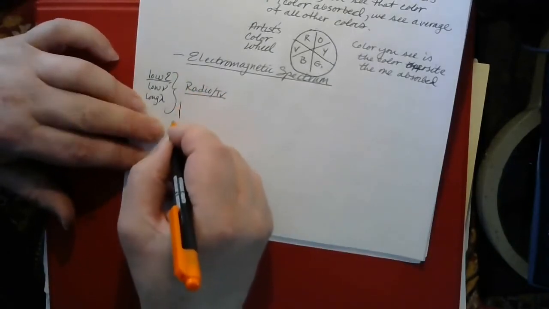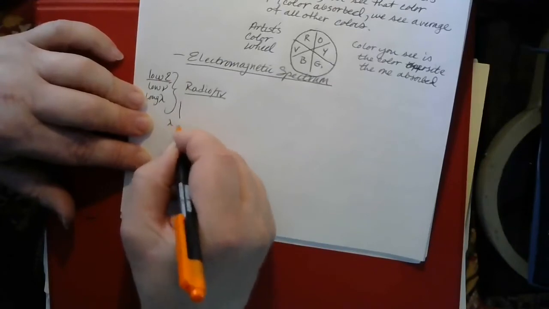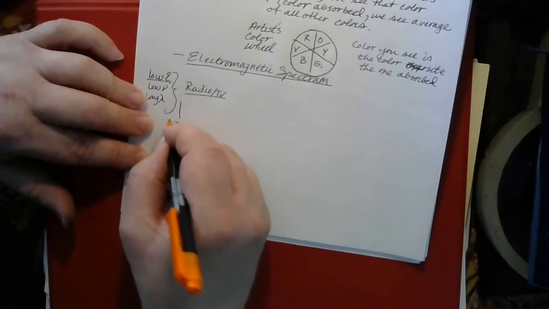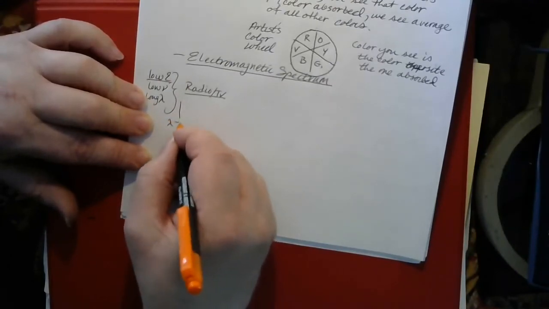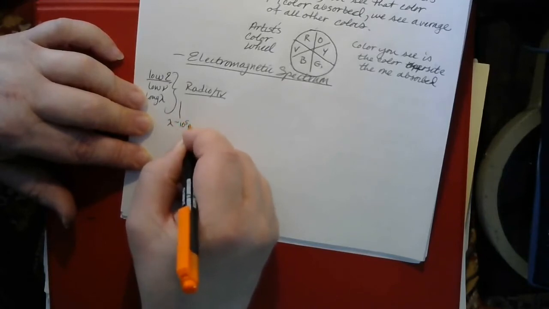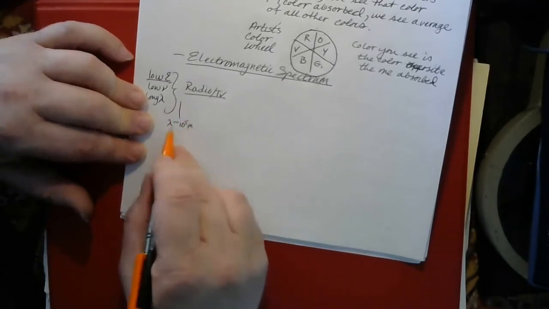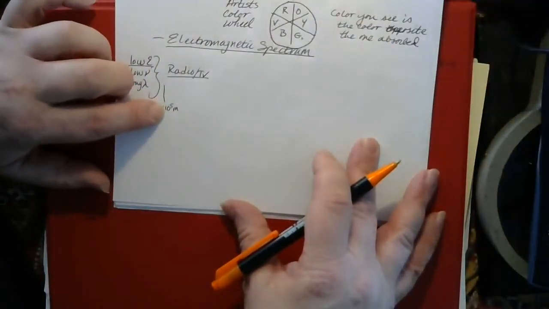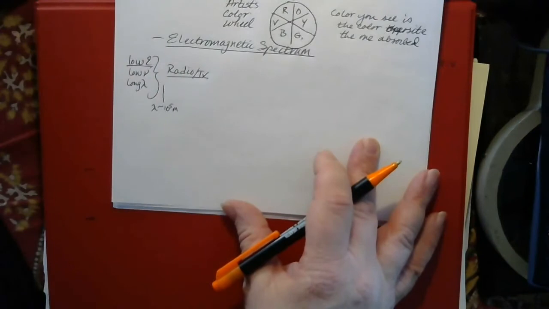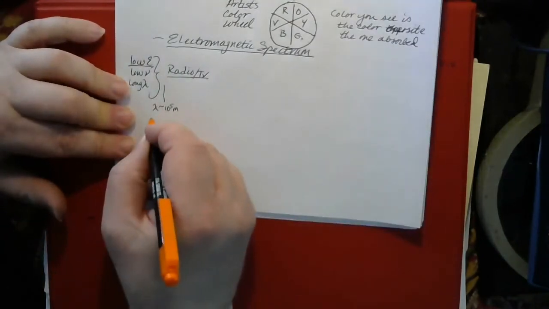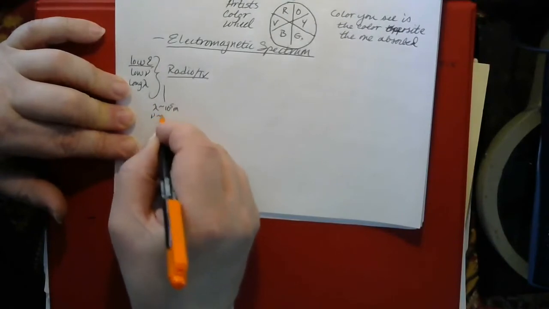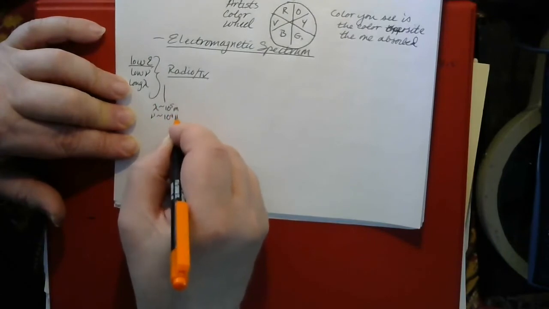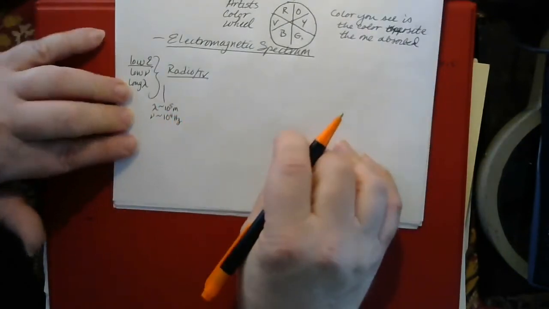And down here at the lower end, we're talking about wavelengths of about 10 to the 5th meters at the very bottom. So those would be the very longest wavelengths. That's actually 100 kilometers. And we're talking frequencies of about 10 to the 4th, which would be 10,000.